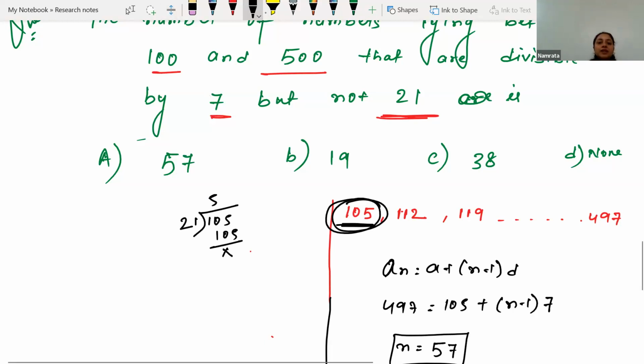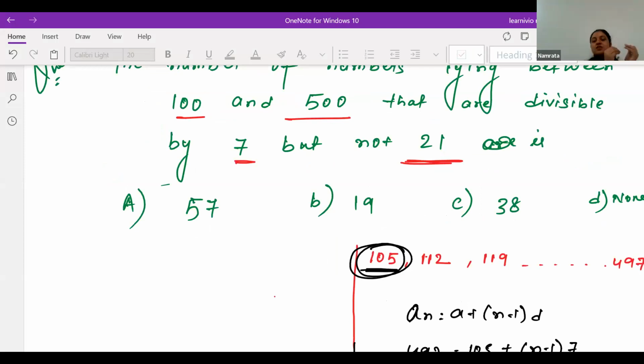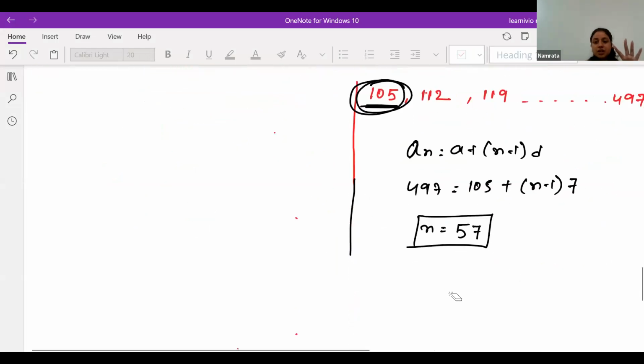So let's see how many numbers are there which are divisible by 21 now. So the question is now, how can you proceed? How many numbers are there which are divisible by 7 but not 21? By 7, in total, how many numbers? 57 numbers are divisible.